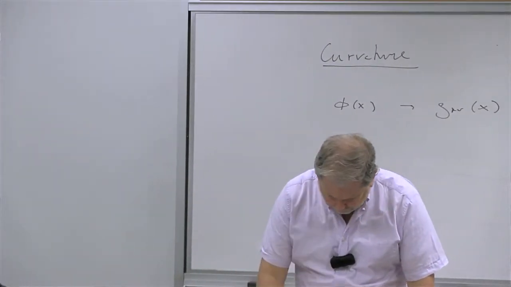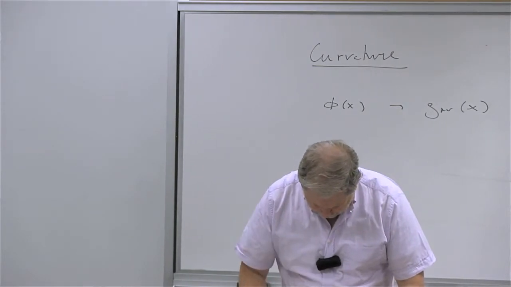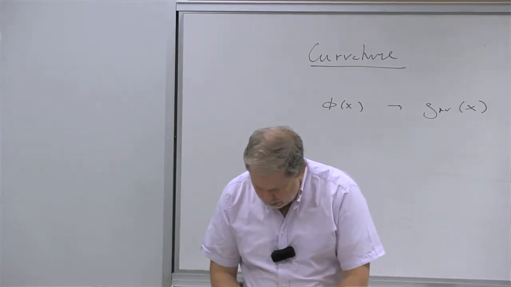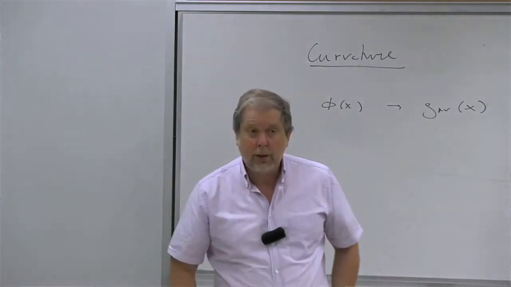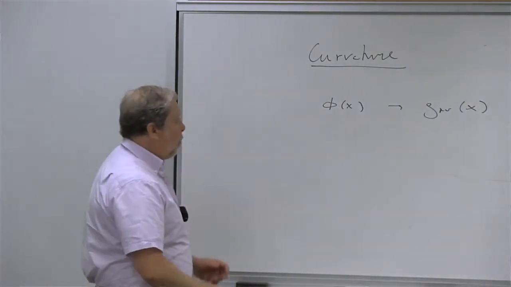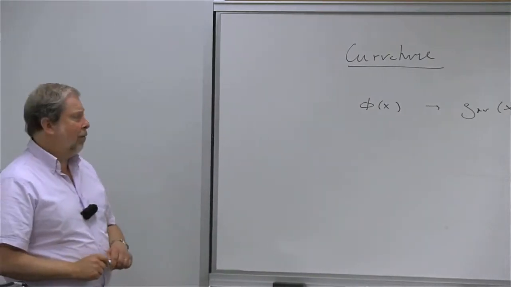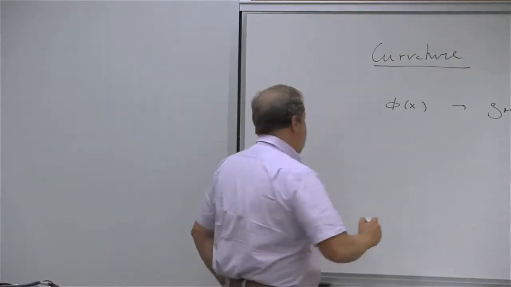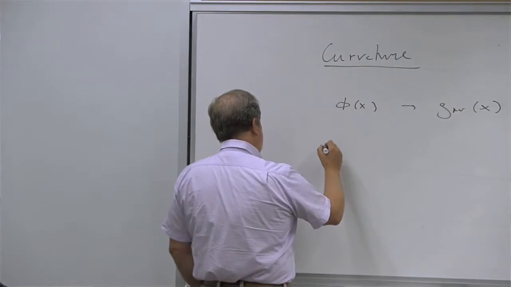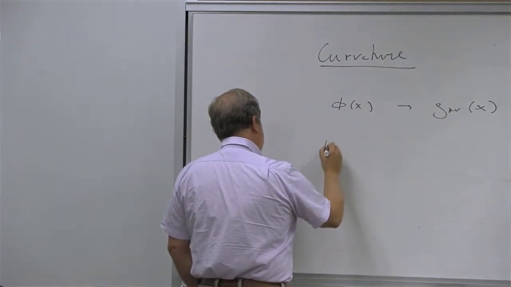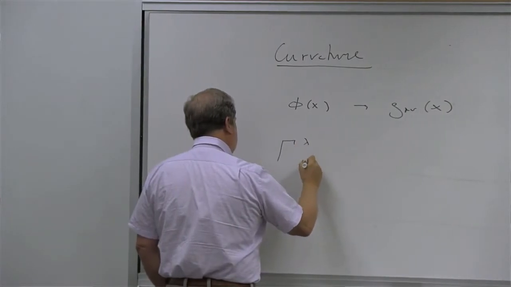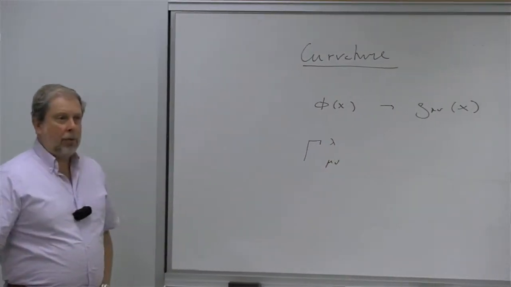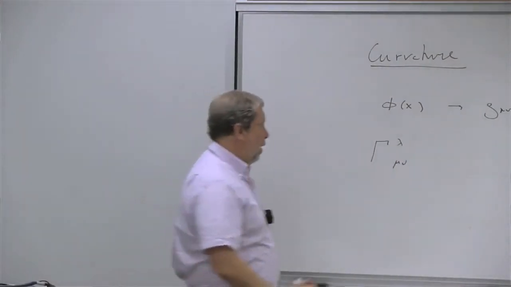Now there's some lengthy discussion that one can do at this stage, and that we will not do here because of lack of time. But the point of this, and I'll just write out the result in a little bit, is that if you look at gamma lambda mu nu, the affine connection, this is not a tensor.